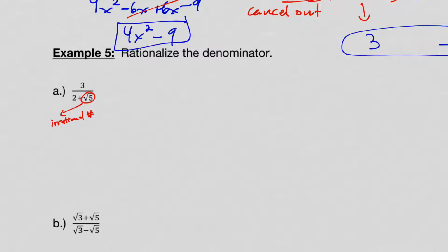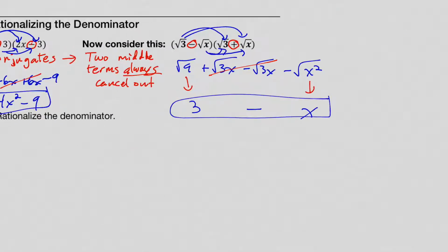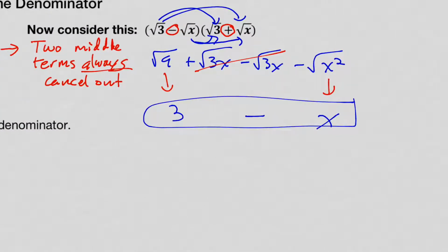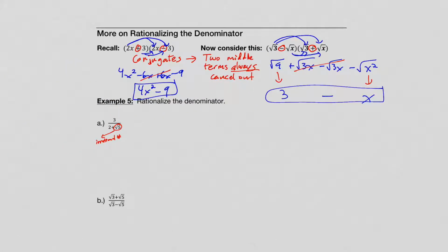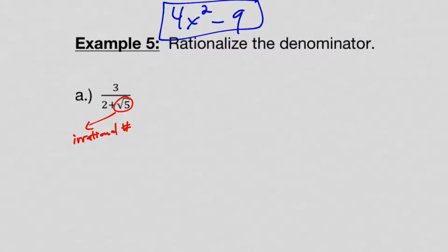And basically the strategy for that is to use conjugates. Why? Because you can see here, all those radicals that we had in the problem, they pretty much disappeared. Okay? The two in the middle disappeared completely, and the other ones were perfect squares, so those also disappeared. So this is what we're going to do here as our strategy.